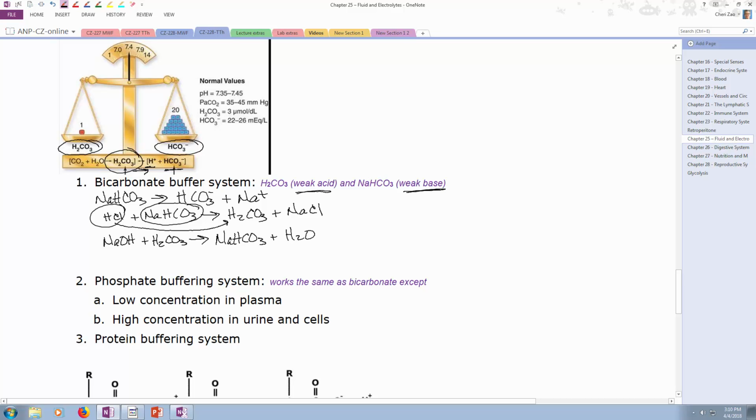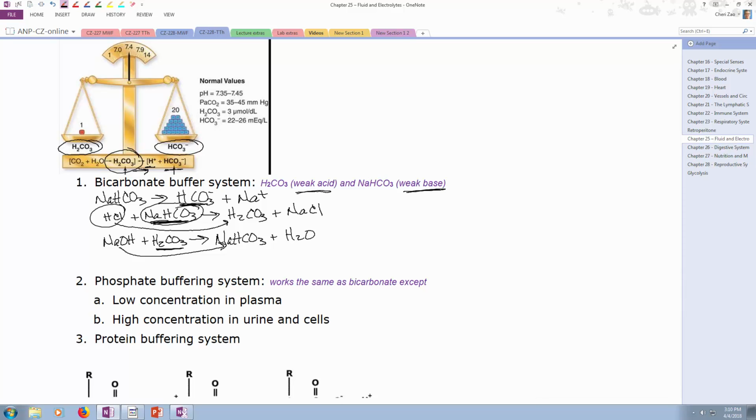So we've taken a very strong base and we've essentially made it a very weak base, which means we've minimized those pH fluctuations by doing this. So this acid is a buffer, and this weak base here is the buffers that are prevalent inside our bloodstream.